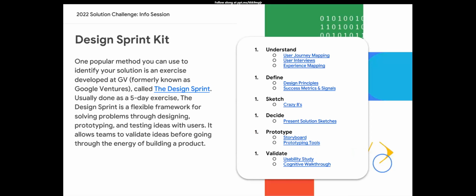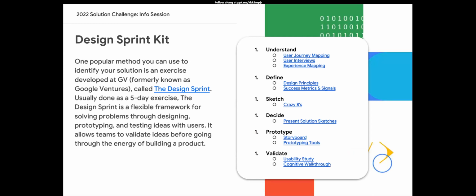So Google has actually curated a sprint kit. Now, for those who don't know what a sprint is, sprints are basically phases of development that a team goes through to come up with the final product. I believe I mentioned this earlier.